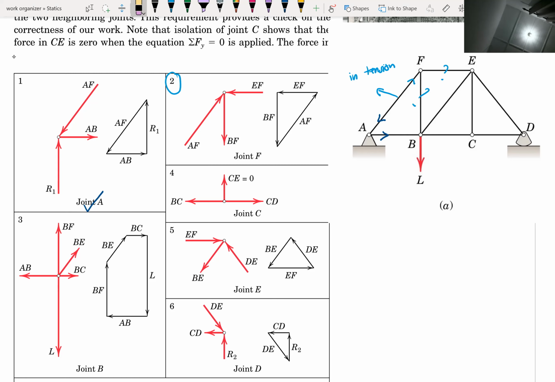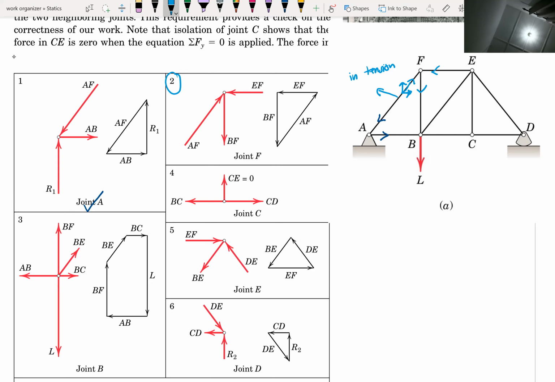So we just draw the components first. This is to the right, and this is going upward, so we must counter by downward forces. So this one should be downward, and this one going to the right should be going to the left.